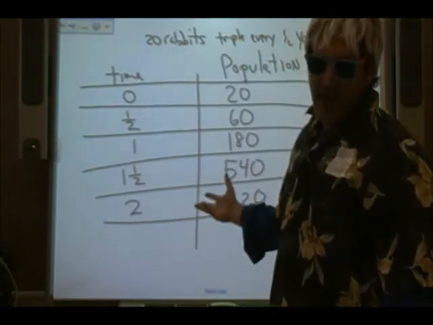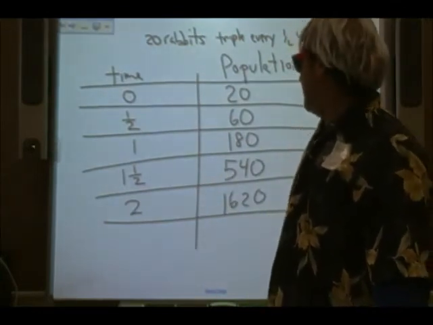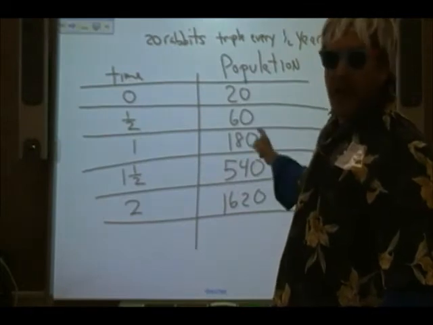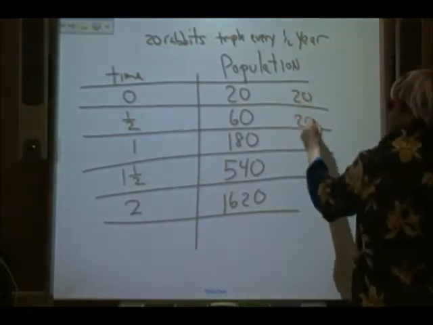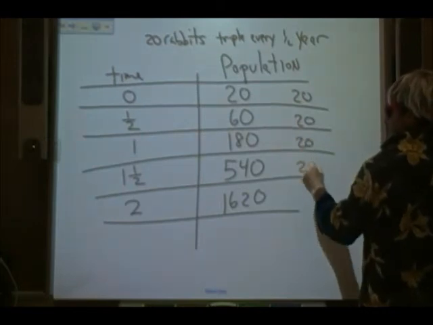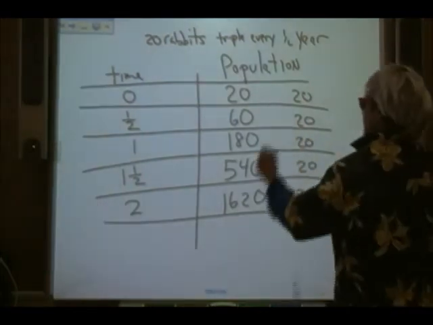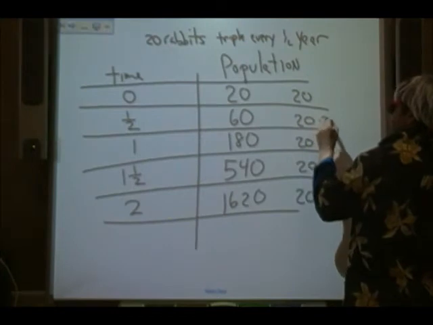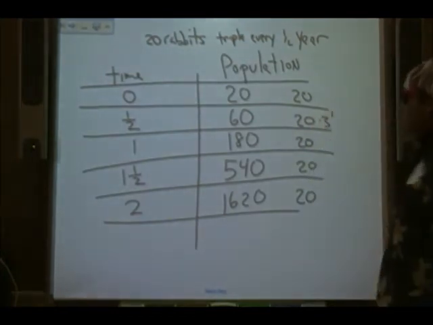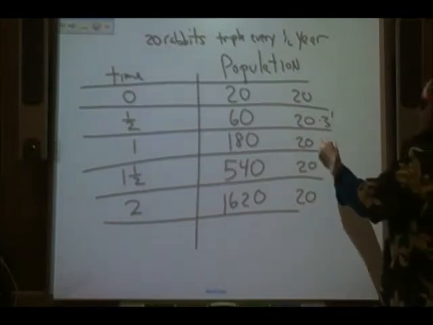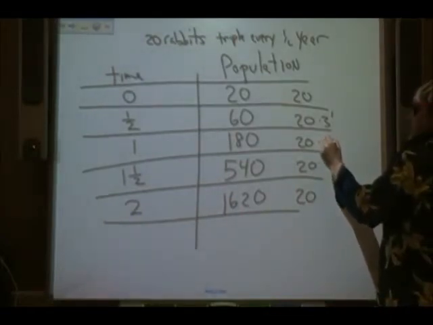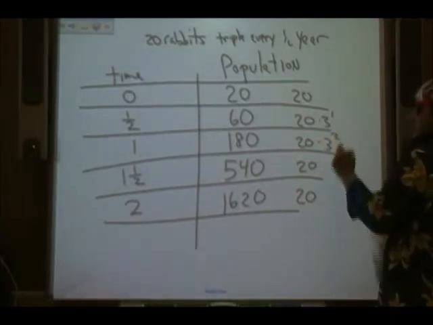So let's figure out how that works. Well, these are powers. You're starting with 20. These are our bases. Times 3 to the first power. That's how I got 60 here. So this one has to be 20 times 3 to the second power.